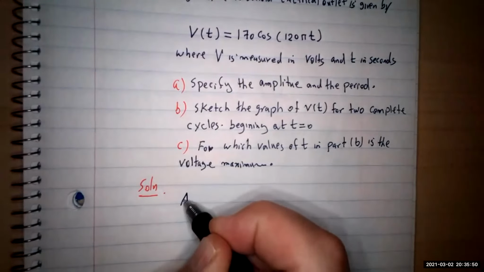So the period of this function is going to be what? It's going to be 1 over 60. Don't use your calculator. You have to write it down as is. Okay, so this means one cycle of this graph is going to be what? One cycle is going to be 0, comma 1 over 60.